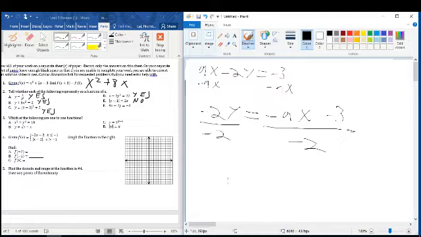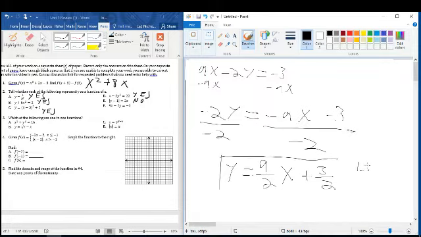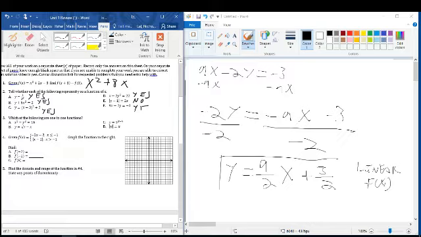And you'll have y is equal to 9 halves x plus 3 halves. And that is a linear function. So this is going to be a yes.